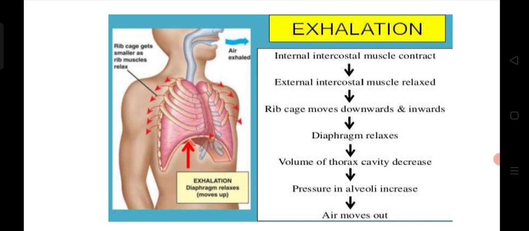So it becomes the opposite of inhalation, right? And the external intercostal muscles, which were contracted during inhalation, get relaxed. Here the rib cage moves downwards and inwards, right?